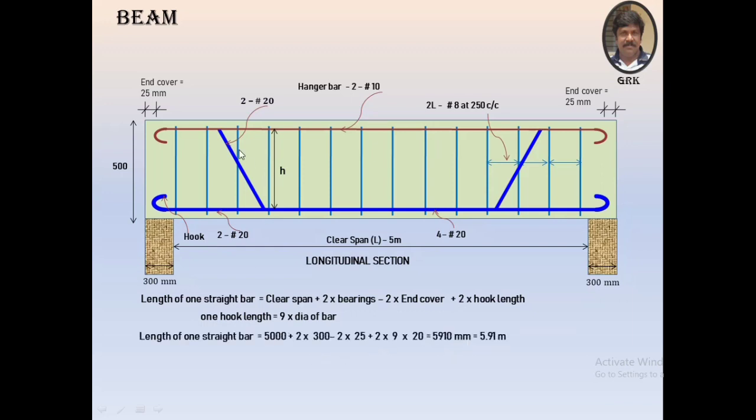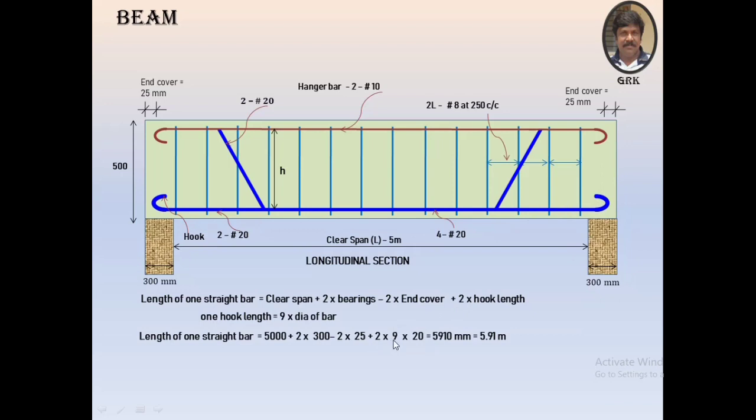Now, the length of one straight bar from this end to this end will be equal to 5000. We are putting it in terms of mm. This 5 meters is being converted into 5000, plus 2 times the end bearings, minus 2 end covers, which are shown here at the top, plus 2 times hooks, one hook here, the other one here.